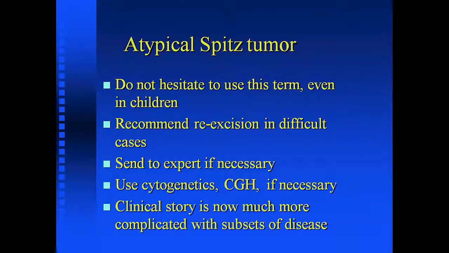It really does result in a problem because, as you can imagine, when somebody's 5 years old and you make a diagnosis of an atypical melanocytic lesion, the slide gets sent everywhere. This actually happens pretty often on our service because you do have these atypical pigmented lesions in children. You must recommend re-excision in difficult cases. Don't hesitate. It doesn't matter how old the patient is.